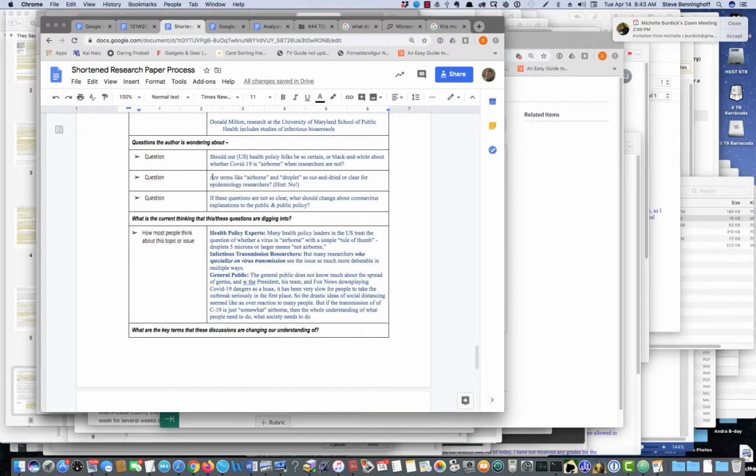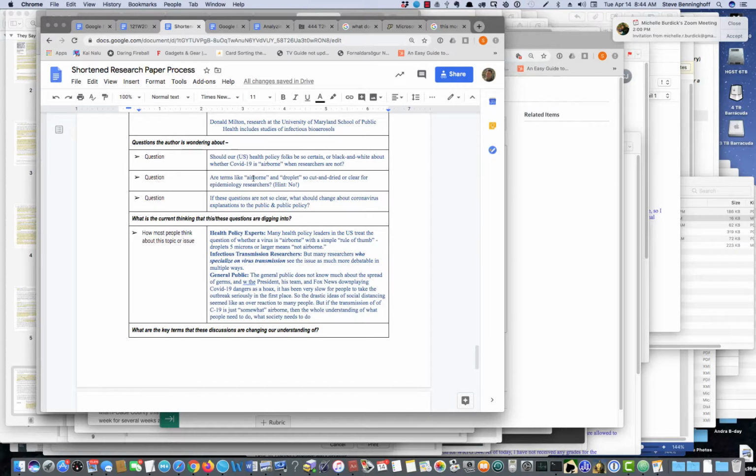And then in that article, here I've distilled what questions this author is wondering about. So should our U.S. health policy folks be so certain or black and white about whether COVID-19 is airborne when researchers are not? And this is the basis of her article, right, this question.